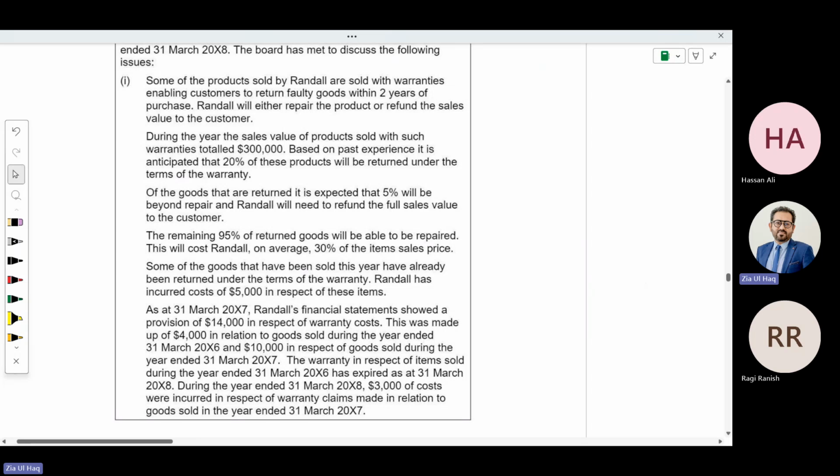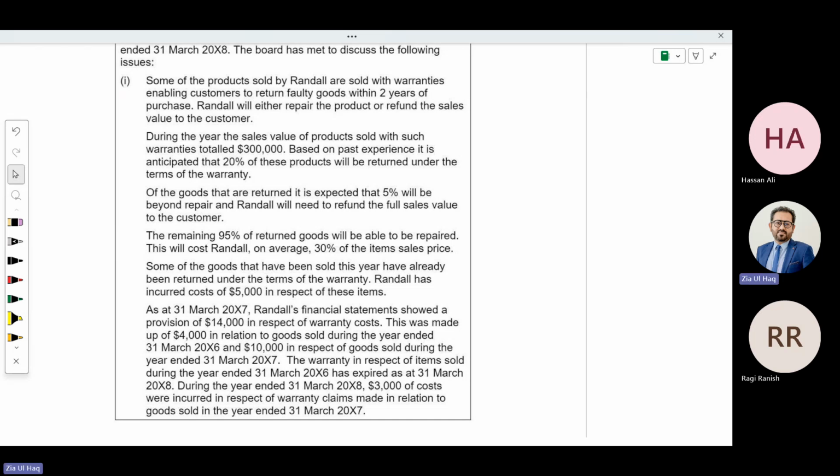Some of products sold by Rendell are sold with warranties, enabling customers to return faulty goods within 2 years of purchase. Rendell will either repair the product or refund the sales value to the customer. During the year, the sale value of products sold with such warranties total 300,000.